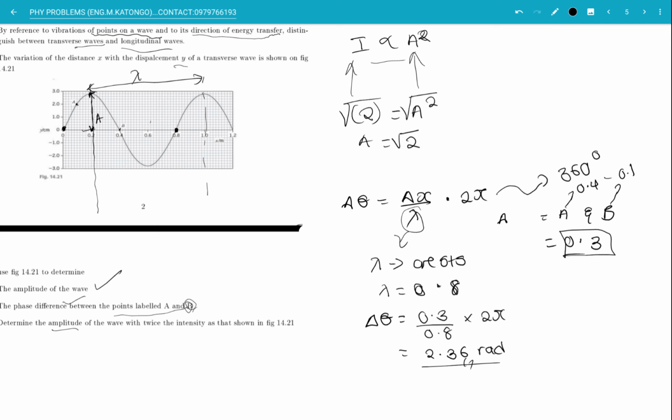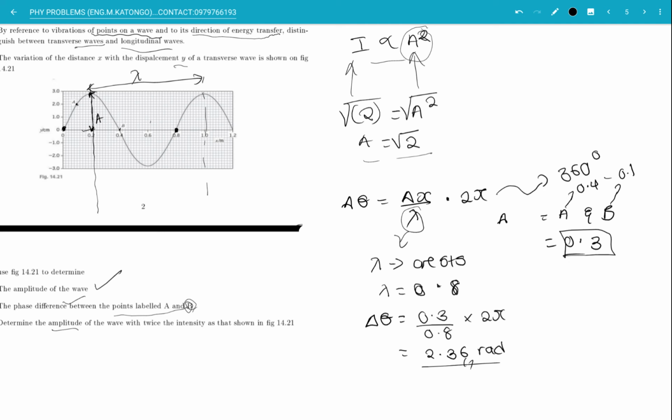So meaning, if the wave has twice the intensity, the amplitude will basically increase by a factor of the root of 2.